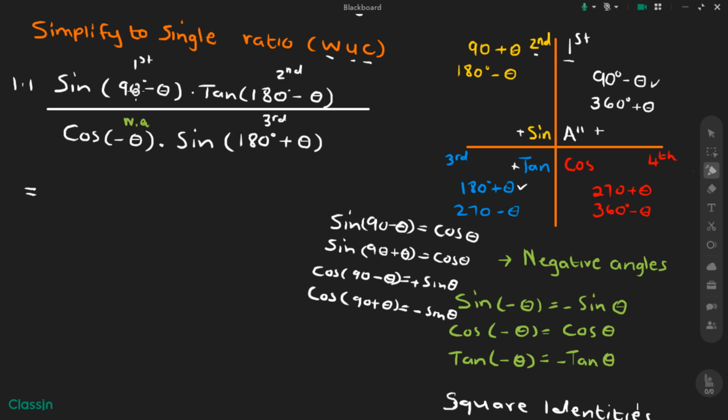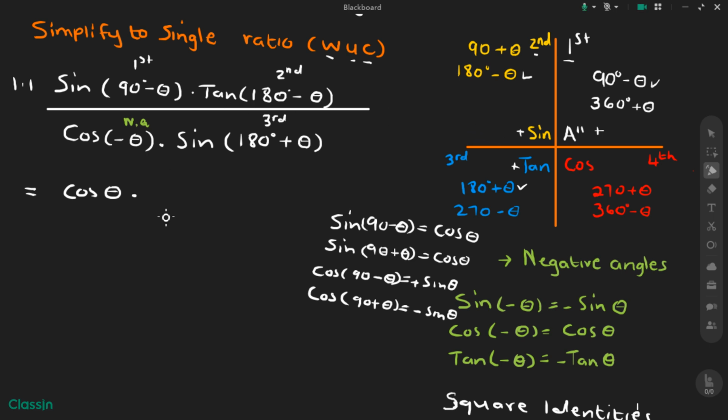Now, we are going to study in the first quadrant. We have 90 minus theta, but we have what? Sine. It means that sine will change to cos. Therefore, we have our cos theta here. Multiply. Now, we also have 180 minus theta. 180 minus theta is found in the second quadrant. So in the second quadrant, what does it say? It says sine is positive, so the others, which are tan and cos, are going to be negative.